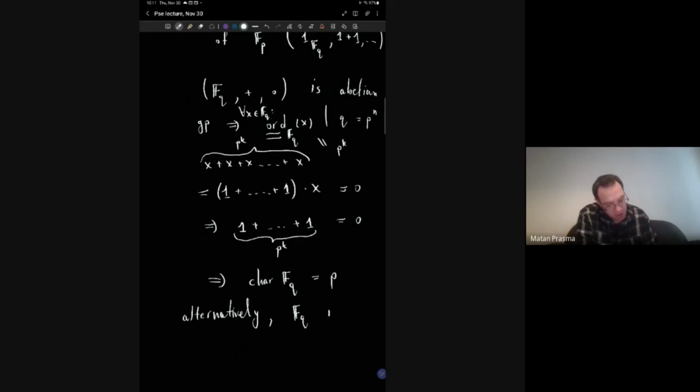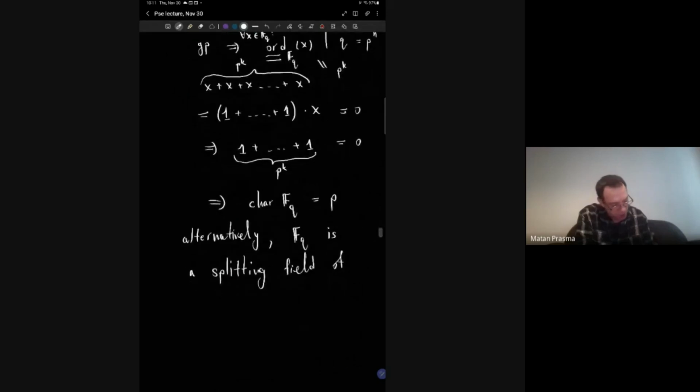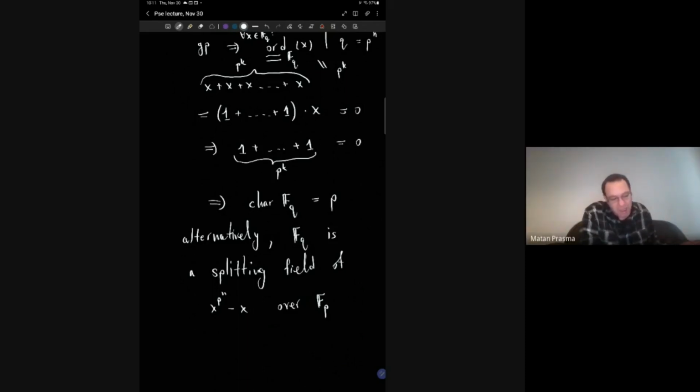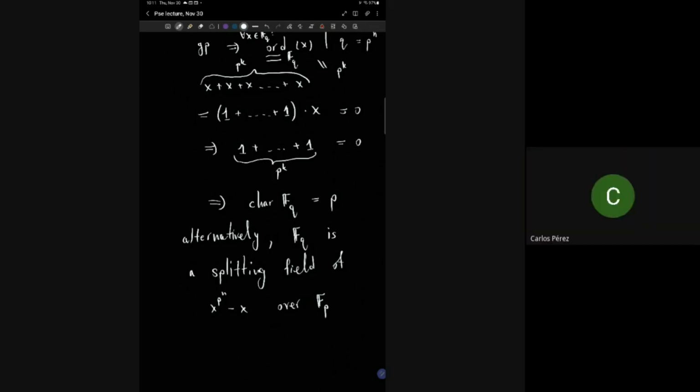FQ is a splitting field of the polynomial x to the p to the n minus x over FP. So a splitting field is an extension of FP. Yeah, I see, so it must have characteristic P. Thank you very much.